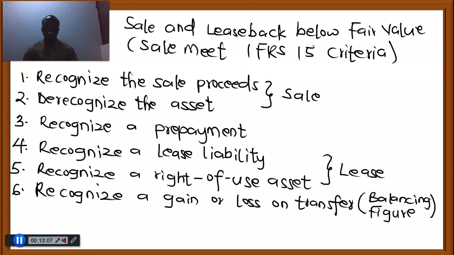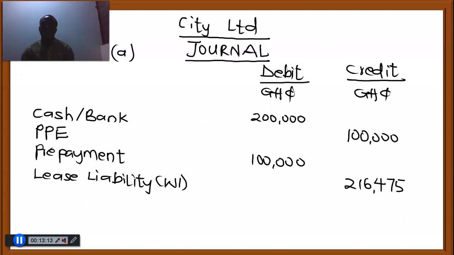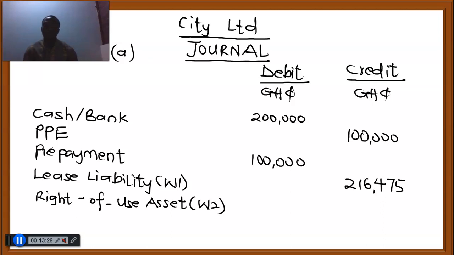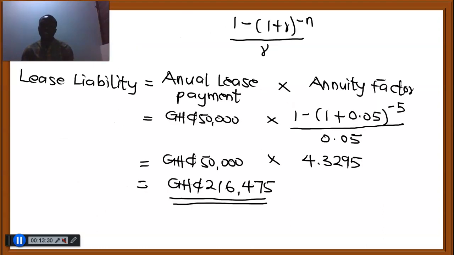The next thing is to recognize a right of use asset, that is the fifth step. So we have right of use assets. Let's do a working for that.